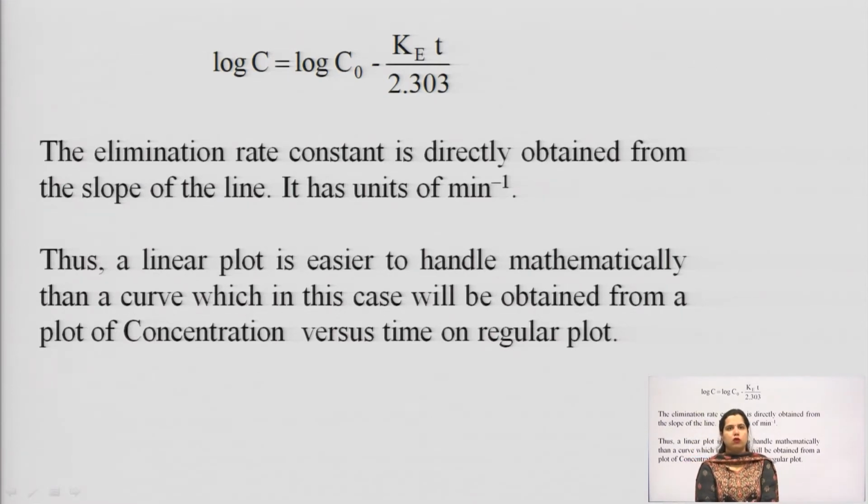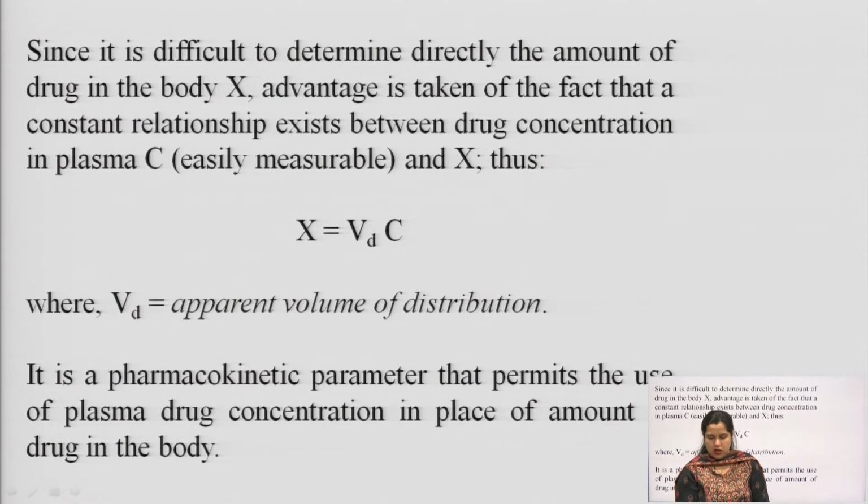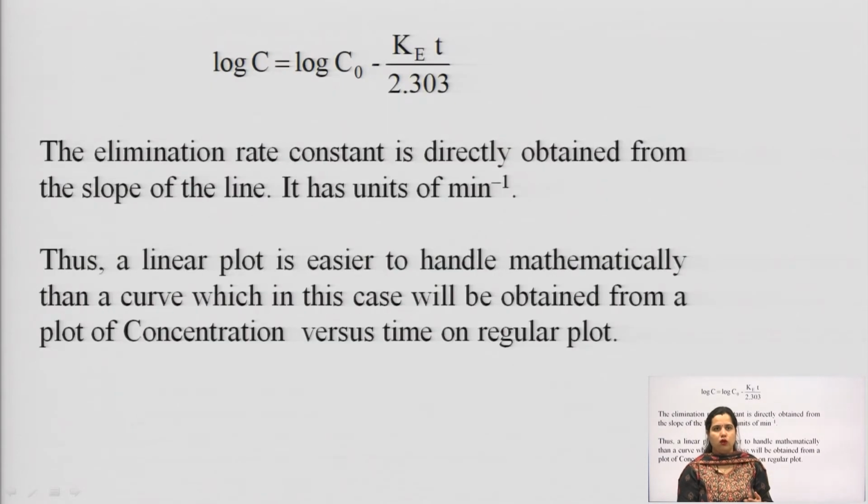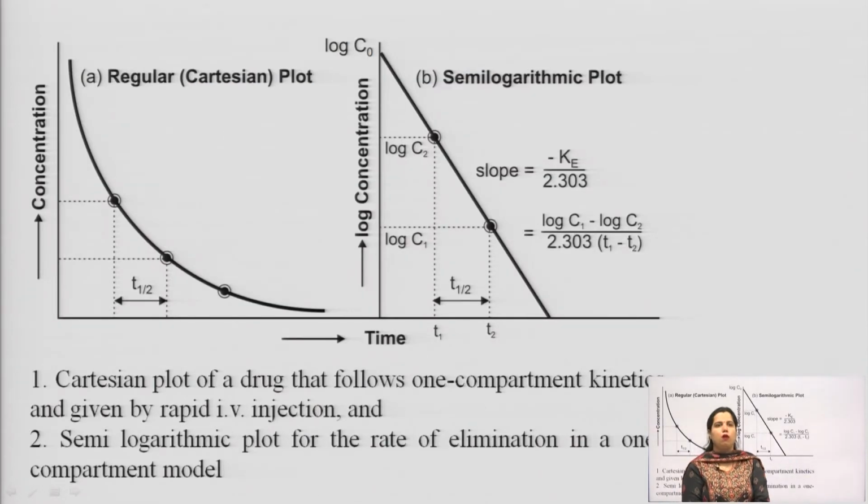Here, the volume of distribution is also an important parameter, and we put C equal to x. So this equation becomes log C is equal to log C naught minus k E t divided by 2.303, and the plot we get through this equation is the concentration time profile curve.